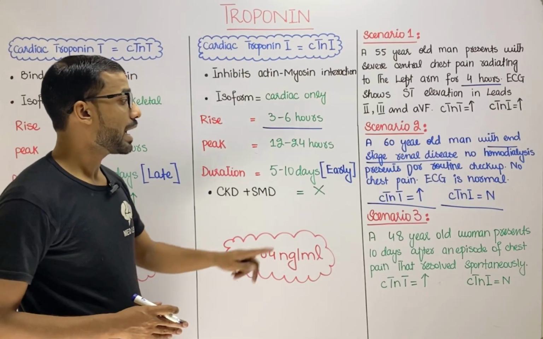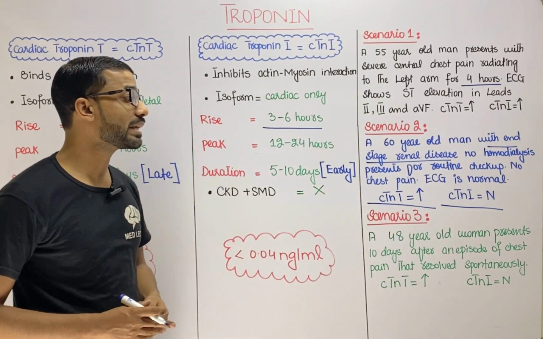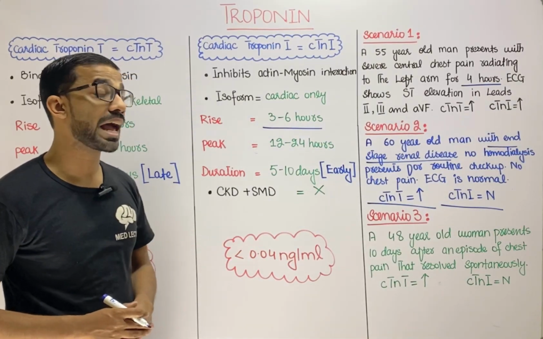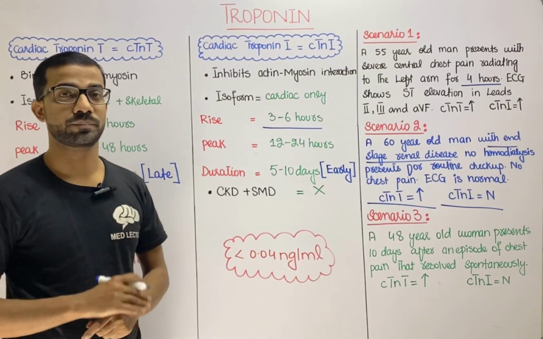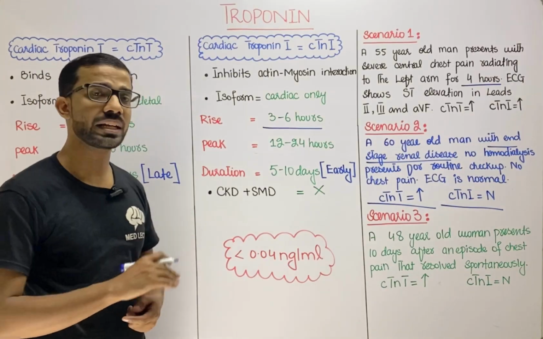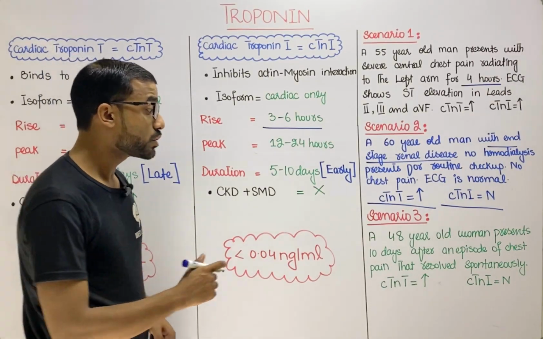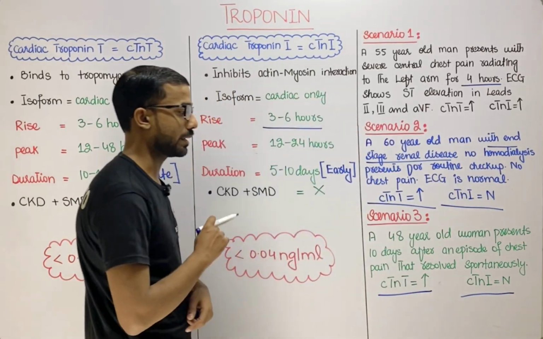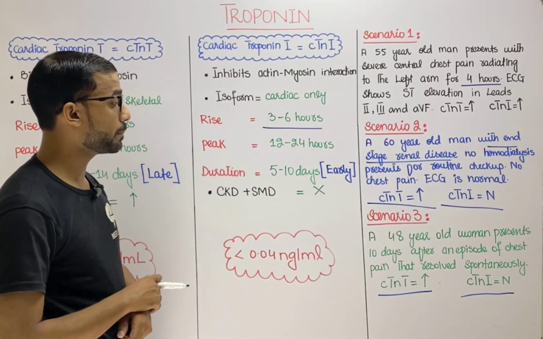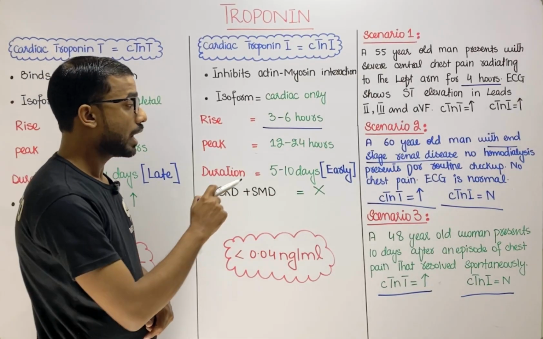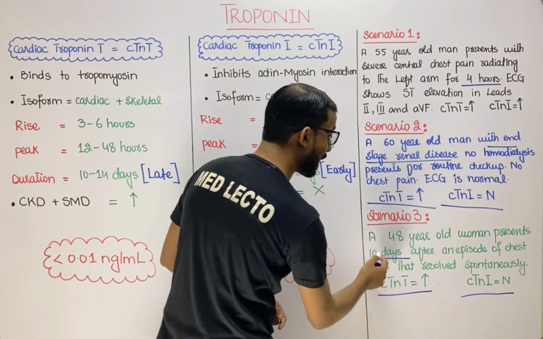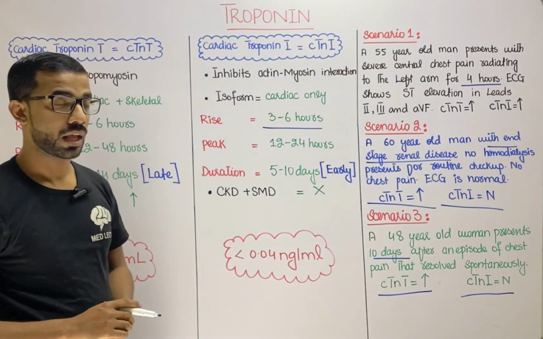Third scenario is a 48-year-old woman who presents 10 days after an episode of chest pain that resolved spontaneously. Troponin T is elevated while troponin I is normal. Why? That is an important thing. The episode was 10 days ago.